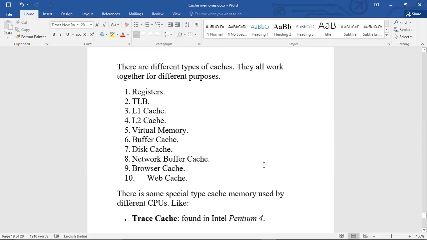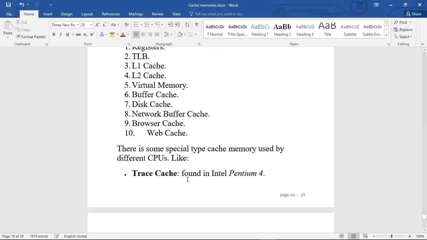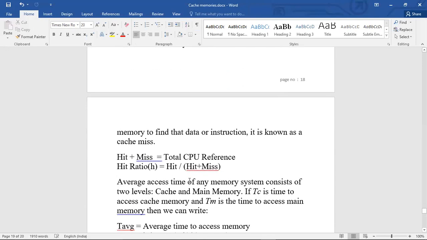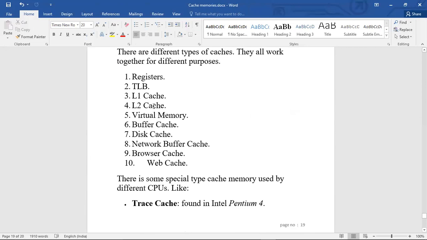Here I can also see that, with cache algorithms, different types of caches have been introduced. They include registers, TLB, L1 cache, L2 cache, virtual memory, buffer cache, disk cache, network buffer cache, browser cache, and web cache. Chip designers use algorithms and introduce these different caches depending upon user needs.